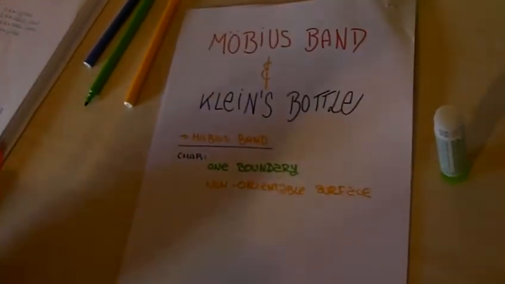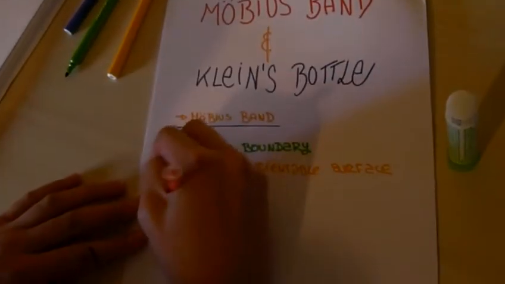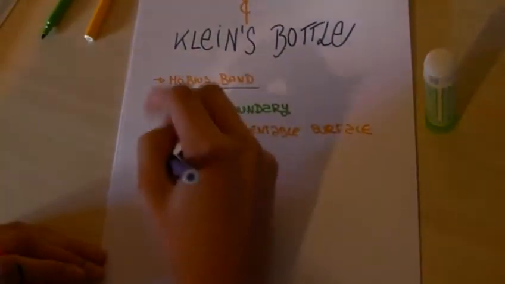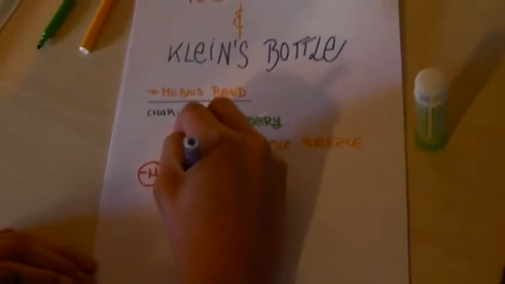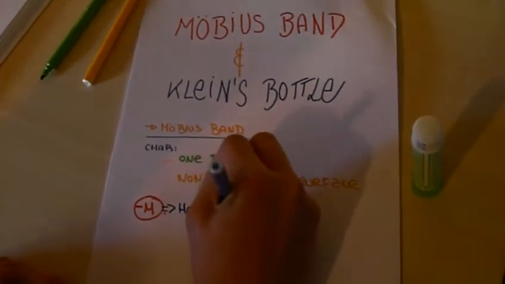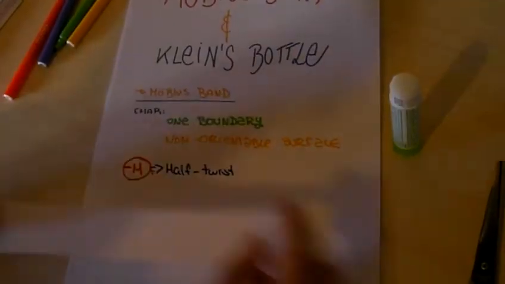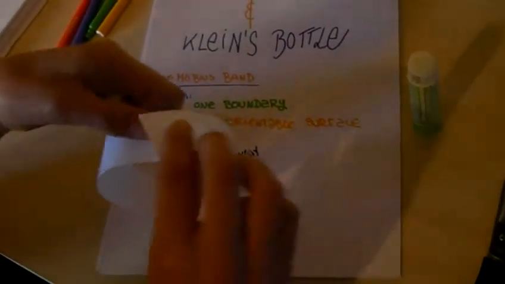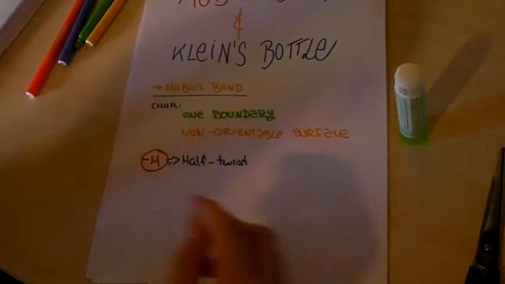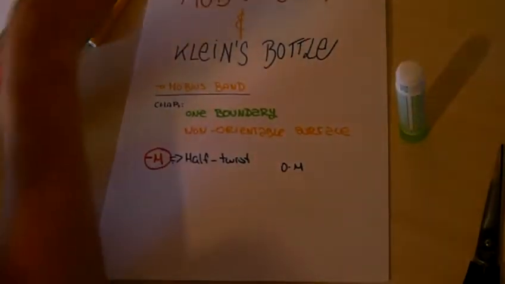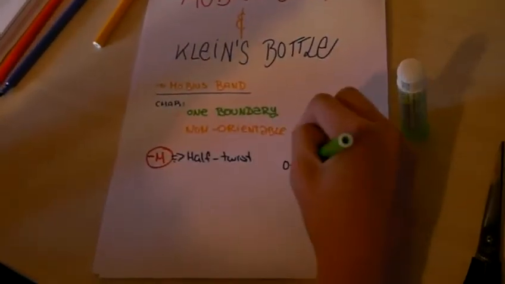Also, we can set an operator, let's call it M, which means the half twist we do to create our Möbius band. So if we take another strip, we can see that if we make 0 half twists, what we have is a cylinder.